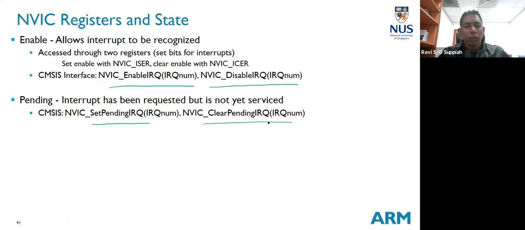We will see in a while why they are there, but we don't actually have to use them. Even without using them, they will still work. They are there because of legacy reasons. In the past, due to certain behaviors in earlier processor cores, they had these functions, but they've carried on these functions even though they don't necessarily have to be used with the current generation of processors.